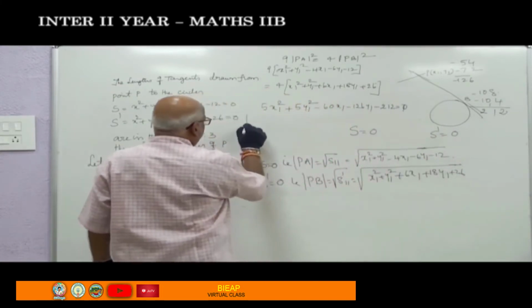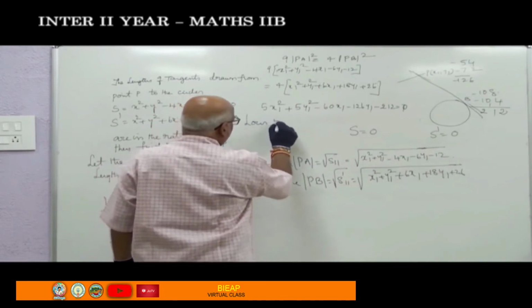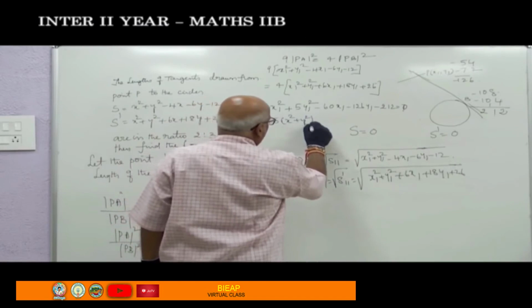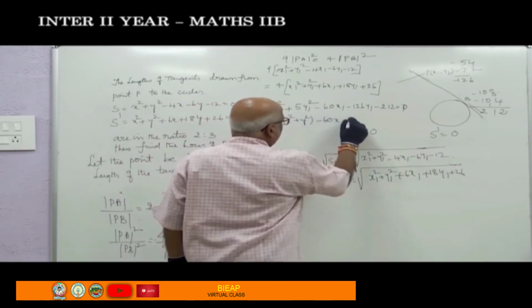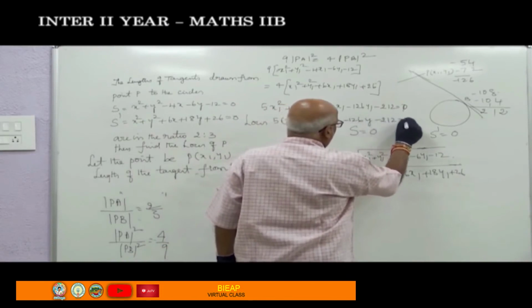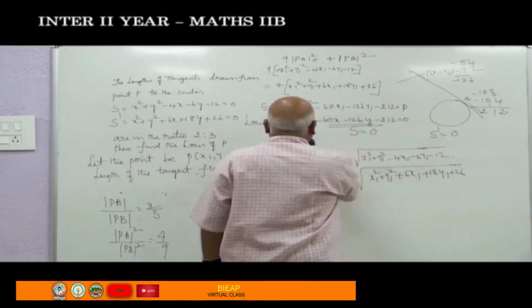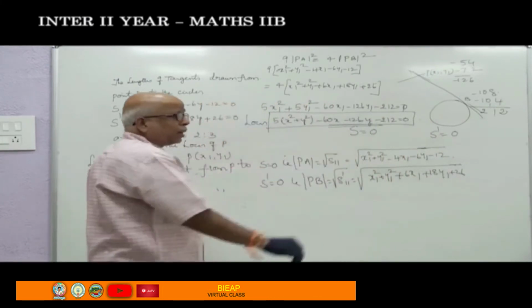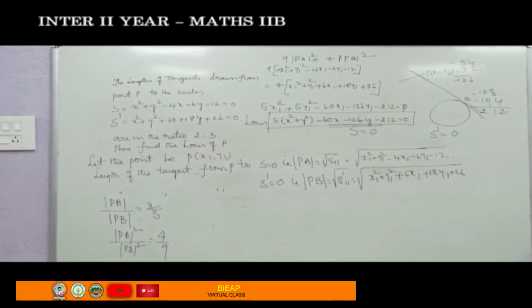For the locus, replace x1 with x, y1 with y. 5 into x square plus y square minus 60x minus 126y minus 212 equal to 0. This is the locus subject to the given condition which was mentioned in our present problem.